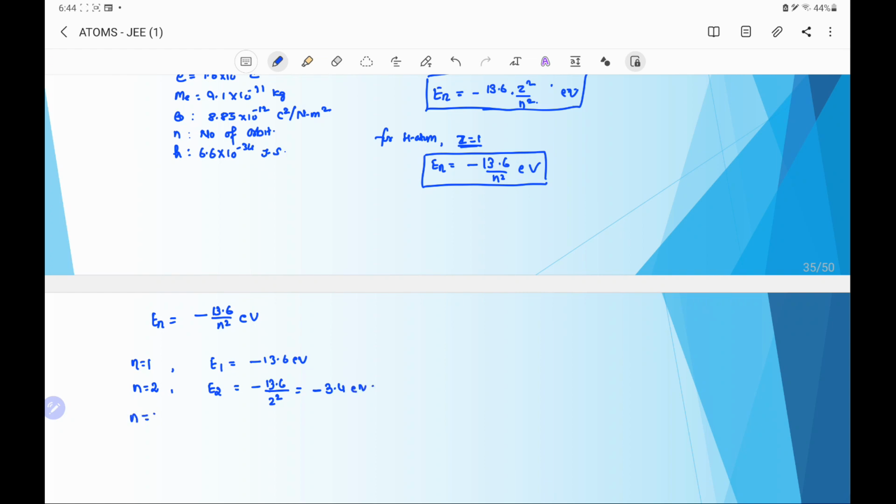For third orbit n equal to 3, E3 will be equal to minus 13.6 divided by 3 square, and it will be equal to minus 1.51 electron volt. If we put n equal to 4, that is fourth orbit, energy will be minus 13.6 divided by 4 square, and it will be about minus 0.85 electron volt.